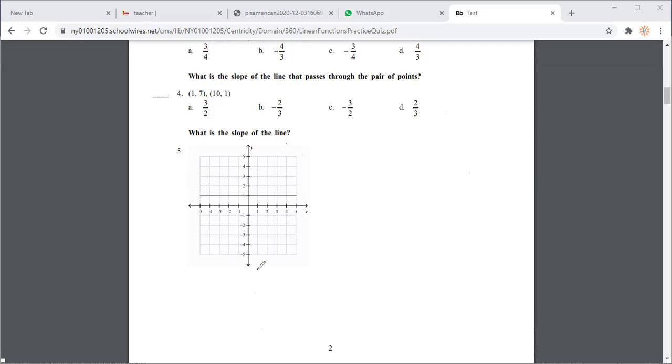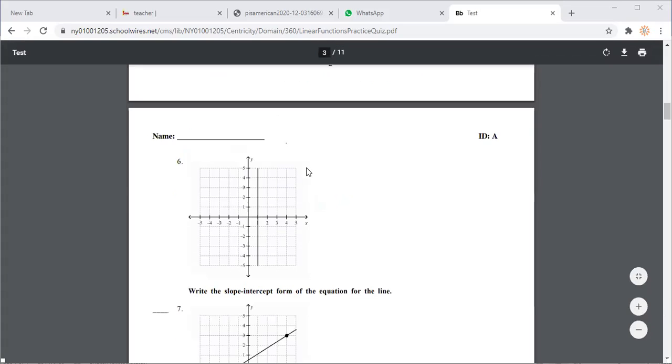Why did you choose 0? Because it's parallel to the x-axis. Exactly. For this reason, we directly say that the slope will be equal to 0. So this is the first part, how we can calculate the slope.